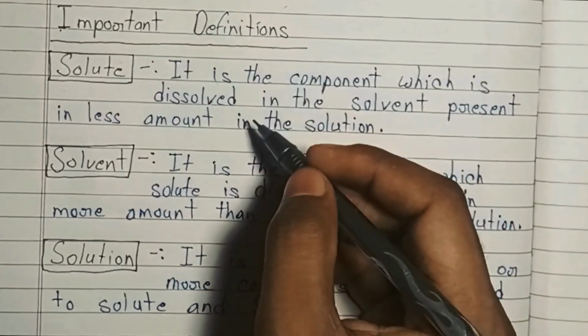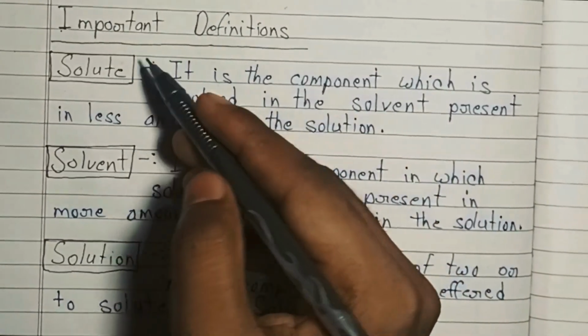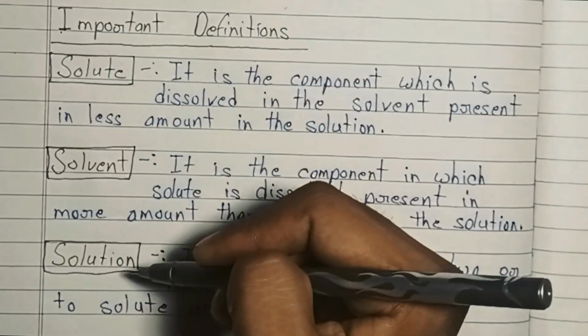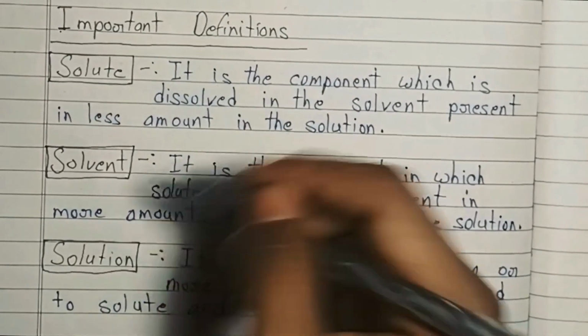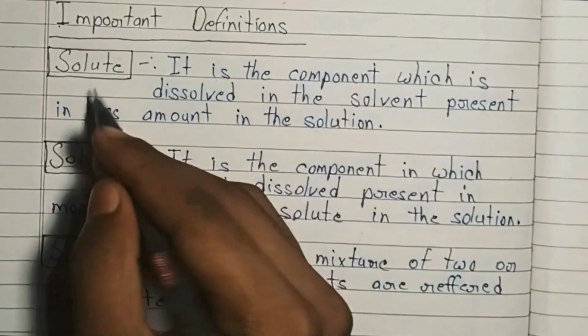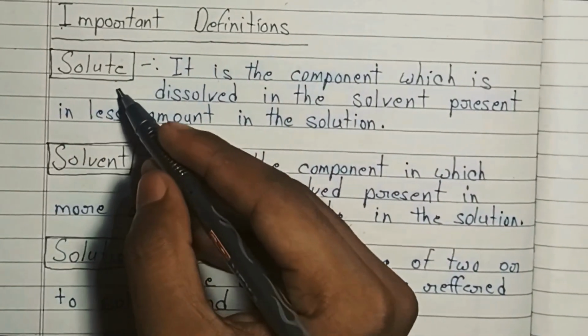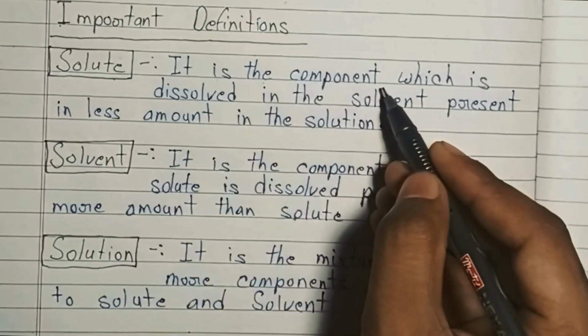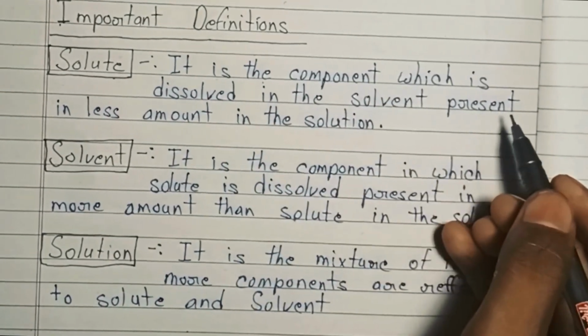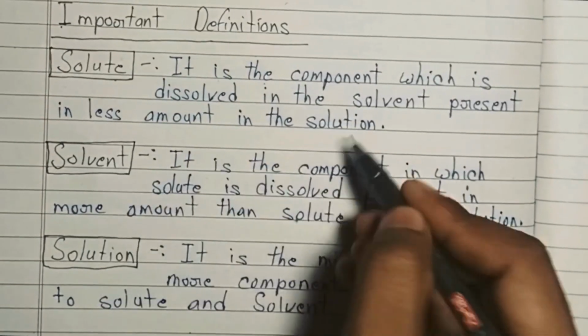So before moving ahead, let's understand these three basic terms. If you understand these three terms, the rest of the chapter becomes much easier for you. First is solute. Solute is the component which is dissolved in the solvent, and usually it is present in less amount in the solution.